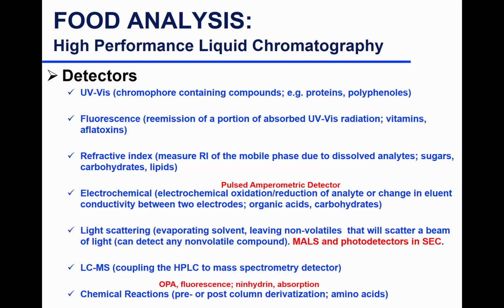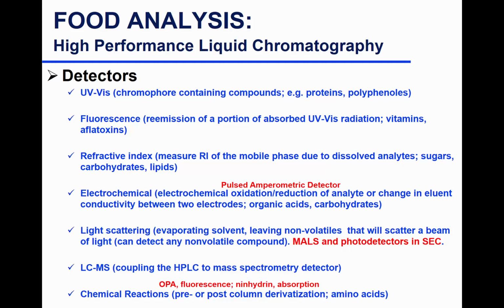That means emit radiation. We're going to talk about the physics of that next week when we talk about spectroscopy in general. But in fluorescence, you also need a chromophore. A chromophore means a compound that actually absorbs light. But not just absorb light, these compounds can also fluoresce.